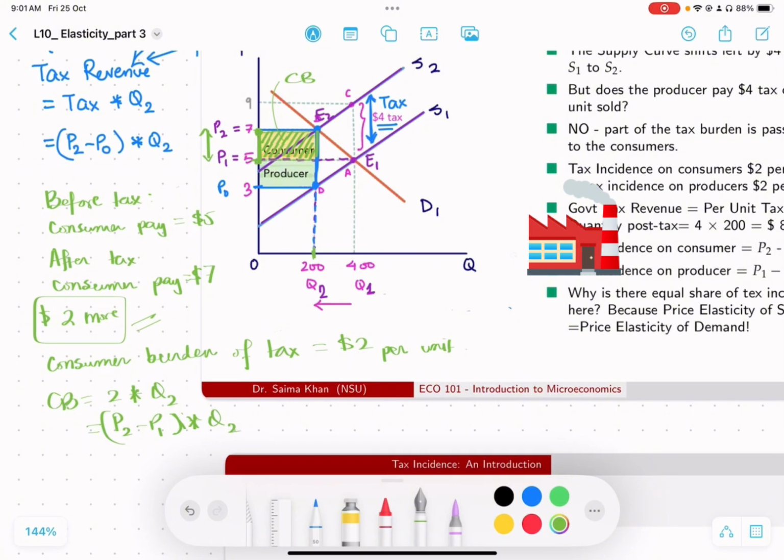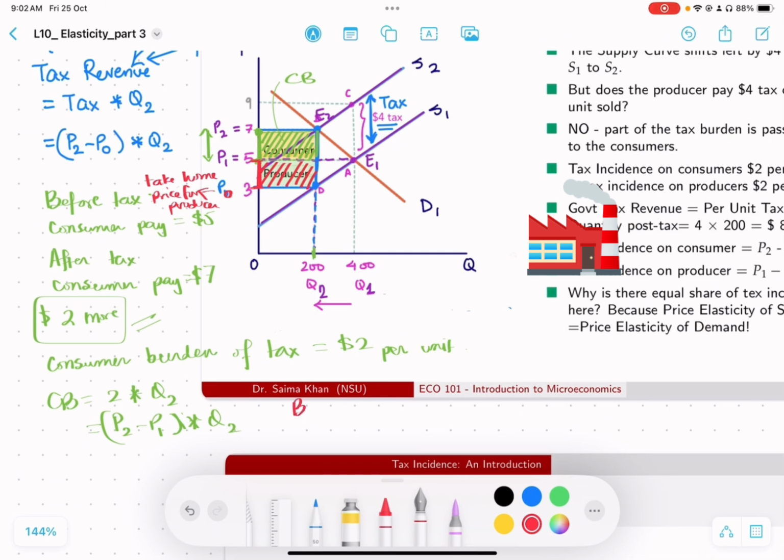Now we come to the producer's burden of tax. Previously, when the producer was calculating his total revenue, he was taking home P1. But now he's taking home P0. We're going to call this the take home price for the producer, just so that it's easy to remember. This is the share of tax that the producer pays. Because Q2 is being sold, per unit the producer is paying $2. For Q2, this is the total amount of tax the producer is paying.